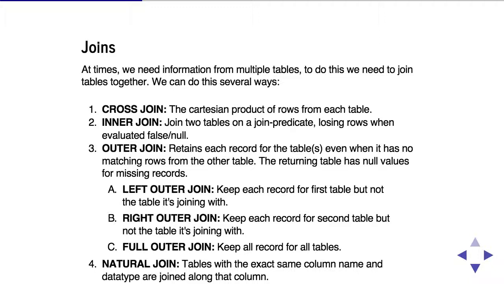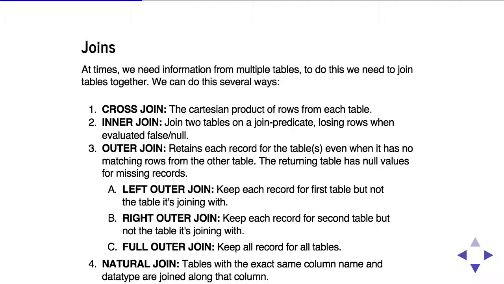Inner join, where we basically join up two tables on some join predicate. This is basically the theta join kind of thing. Inner join basically does it so that if it ever returns false or null, it doesn't join up those two columns.